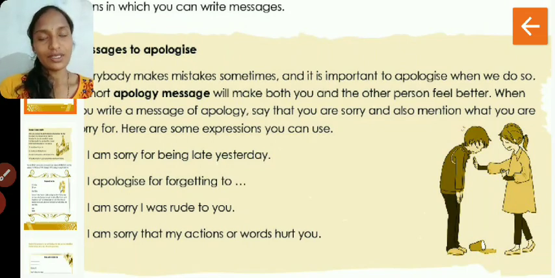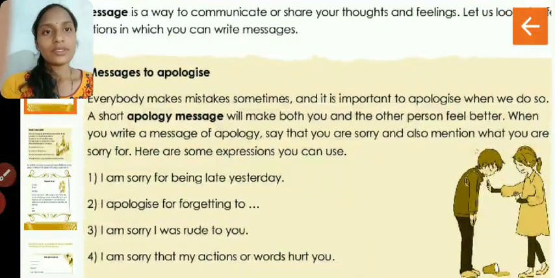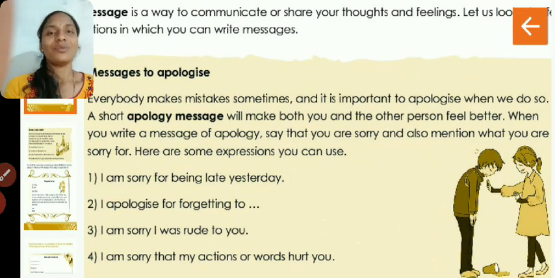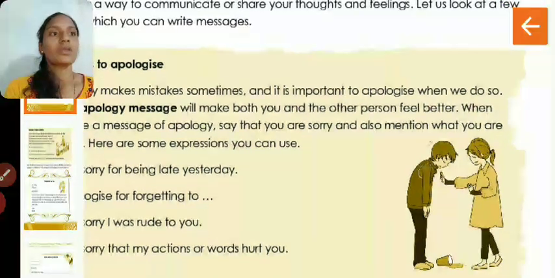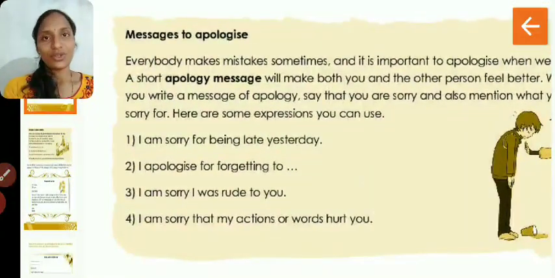A short apology message will make both you and the other person feel better. You will also feel better when you say sorry, and the person whom you have hurt will also feel good. So when you write a message of apology, say that you are sorry and also mention what you are sorry for, why you feel sorry.